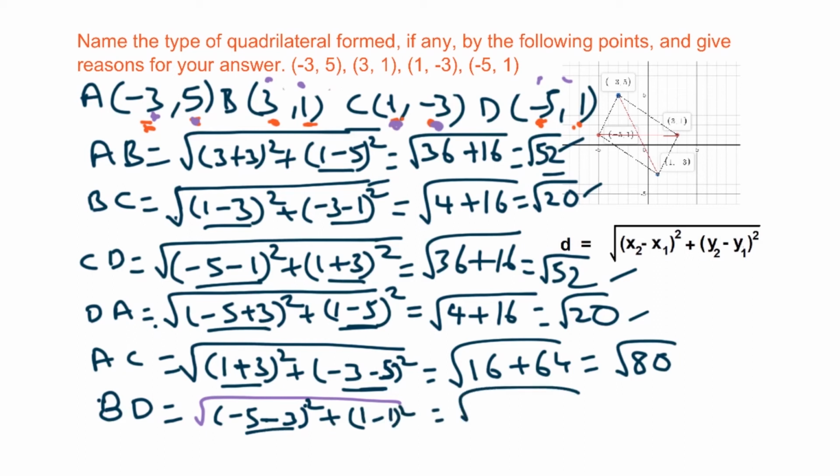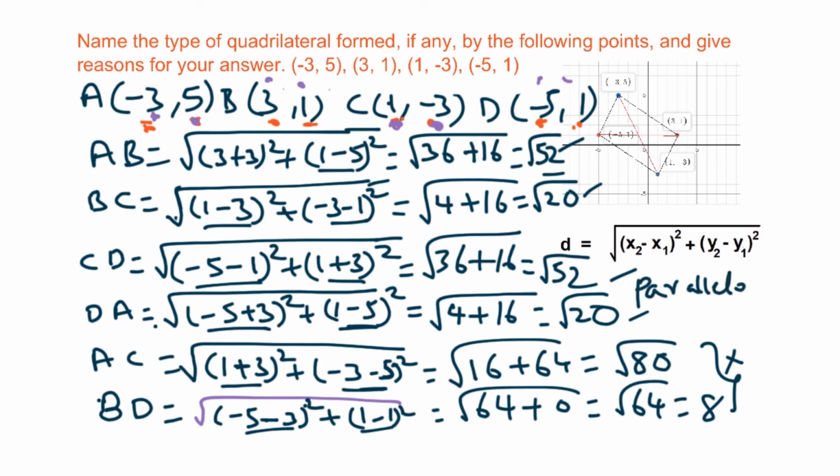Now minus 5 minus 3 is minus 8. Minus 8 square is 64 and 1 minus 1 is 0. So this is square root of 64, which is 8. So here diagonals are not equal and opposite sides are equal. So this is a parallelogram. The figure obtained is a parallelogram.